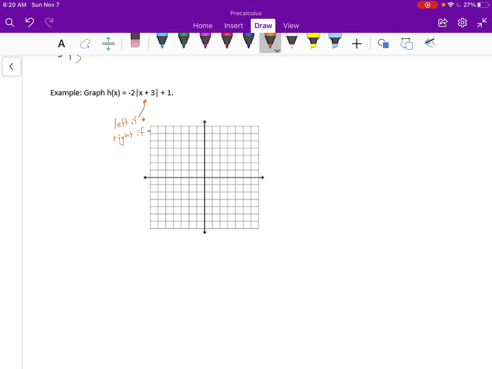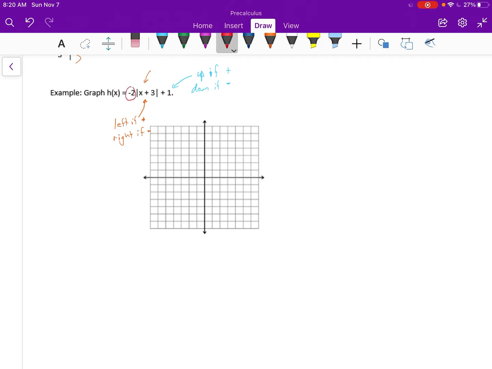And that's because you're moving it to the value that makes this whole absolute value 0. On the outside, this moves the function up if positive, and it moves it down if negative.